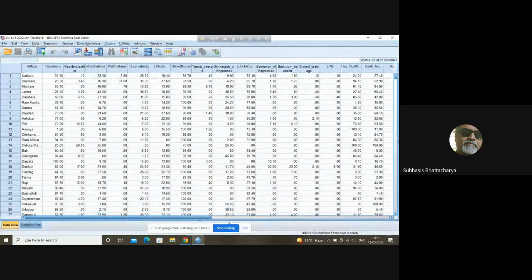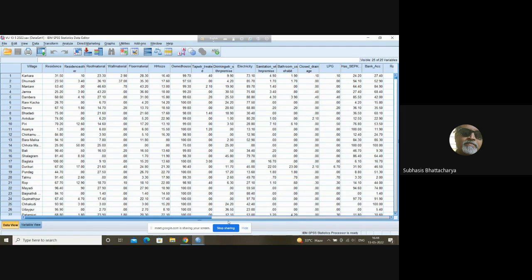Is the data set visible to all in SPSS? I think it is okay, na? Yes, sir. Actually, the data set is randomly chosen, for those who are from a social science background. This data set is village-based information of Purulia district, where I am actually working, and this data set is from the DCHB.